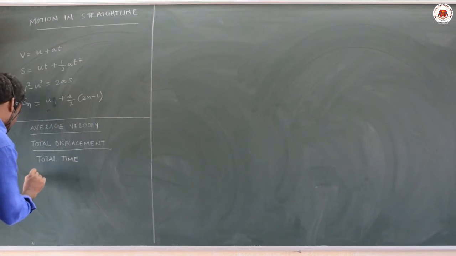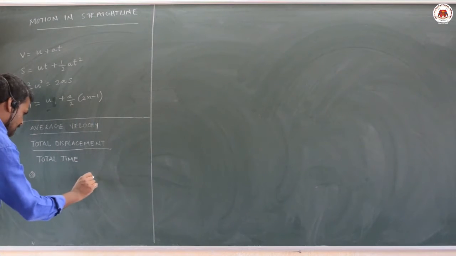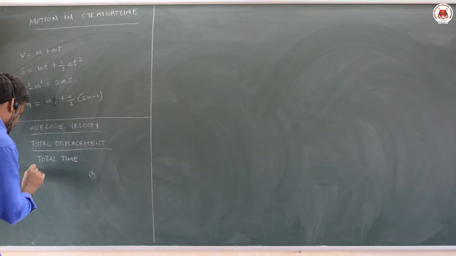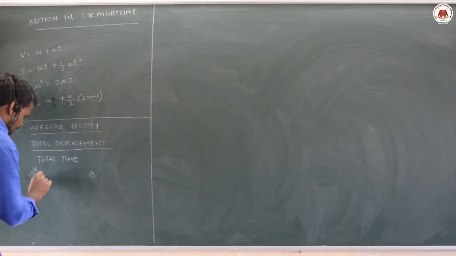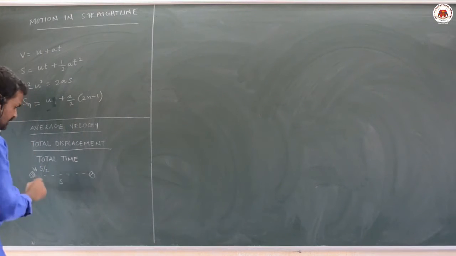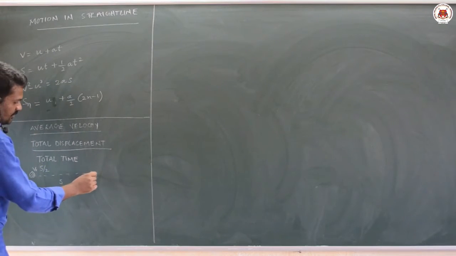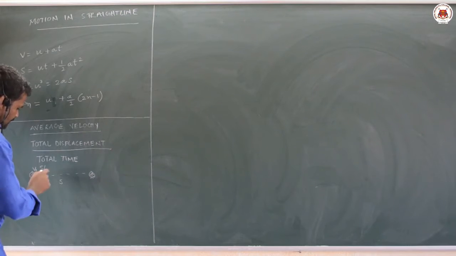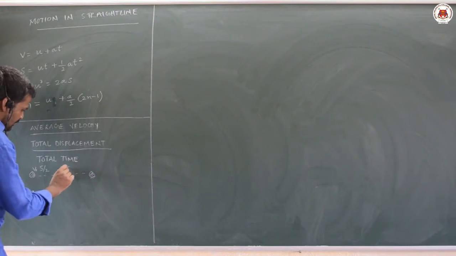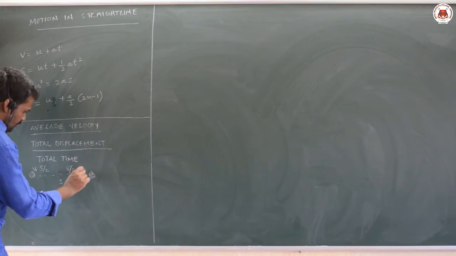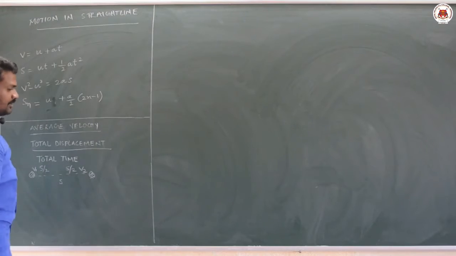Let us consider a body is moving with a velocity V1 for first half of its journey, for s by 2 of its total journey. If s is the total distance between them, s by 2 with V1, remaining s by 2 it travelled with V2, then calculate the average velocity.